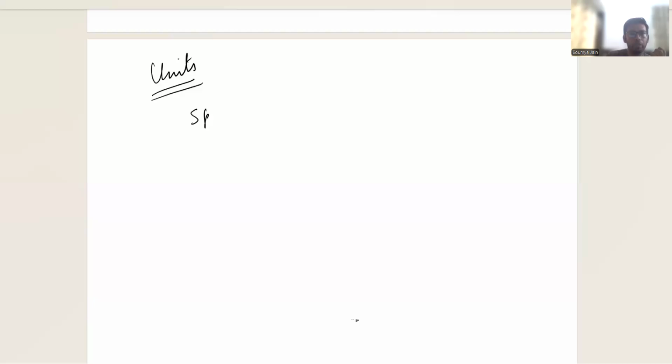So what are the units of speed? The units of speed, which we have seen up till now, is kilometer per hour, or you must have also seen meter per second. These are the most commonly used, and from the exam perspective, these would be the units we most probably see in the questions also.